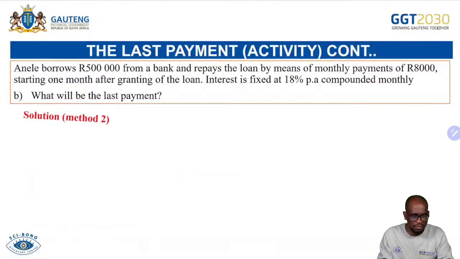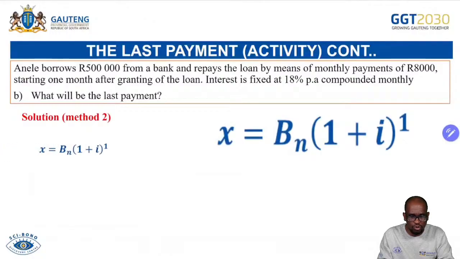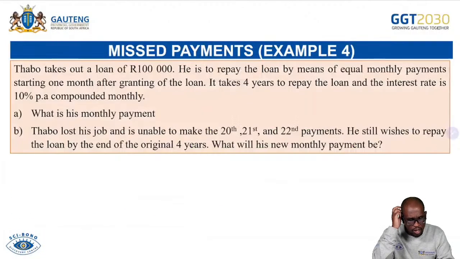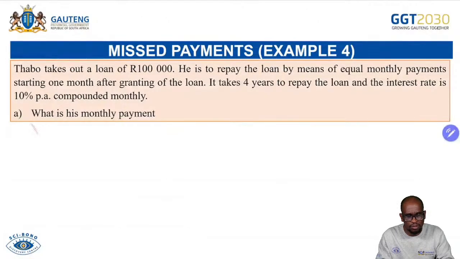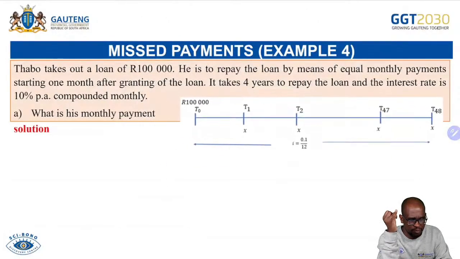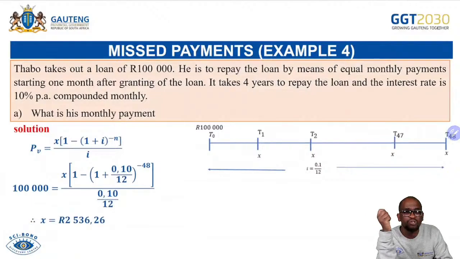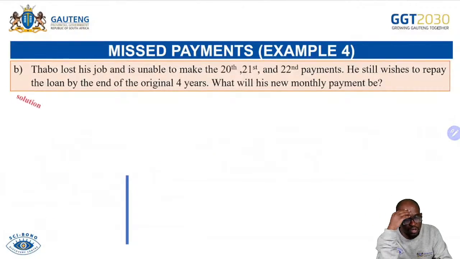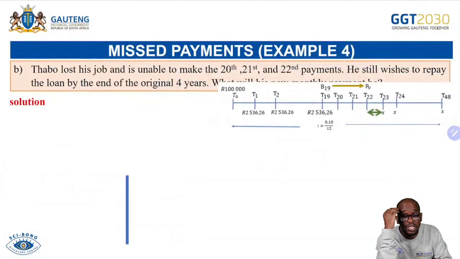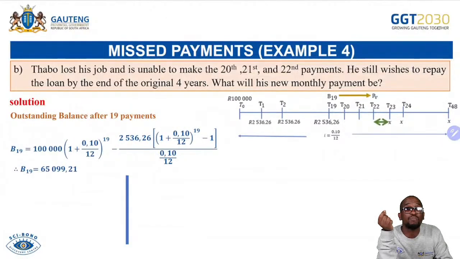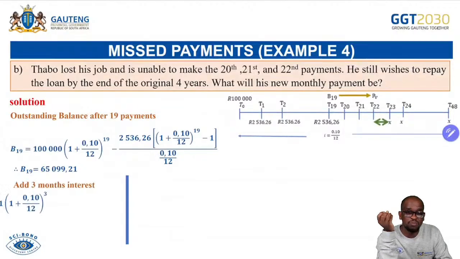So I am concluding today's lesson now. We were left with the last payment together with the missed payments. Please do go back and look at those things. It is very, very important that you do as you prepare for your examinations.